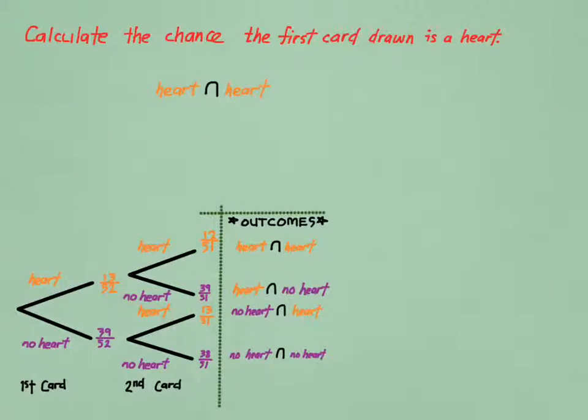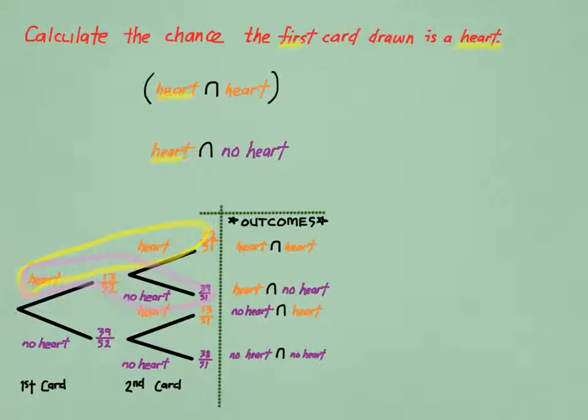So we're looking at heart and heart, and heart and no heart. Remember, we're looking at the very first card. So in terms of where that is on the tree, there we go. That is there. Hopefully you just keep your eye on the tree, and we're going to point out the two branches that are going to be relevant to us.